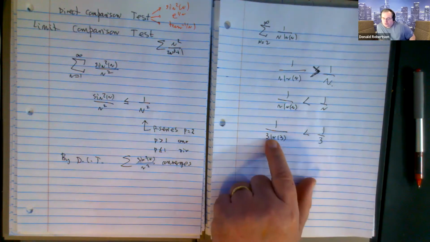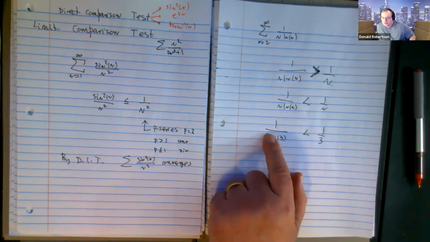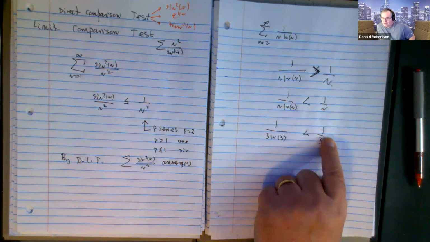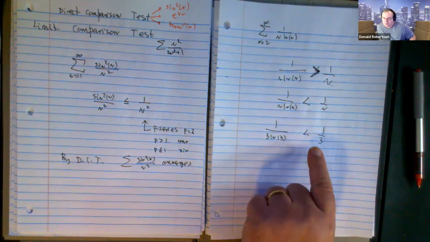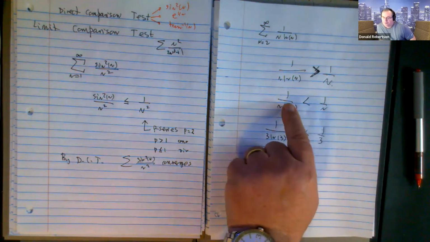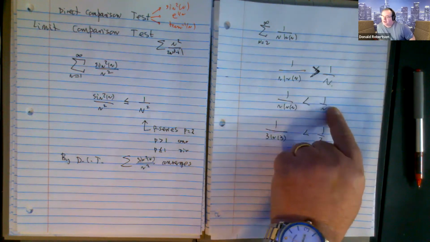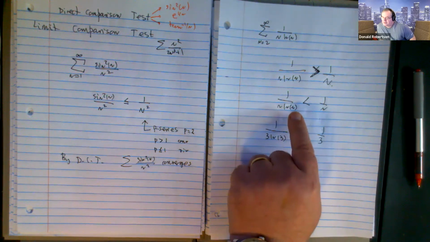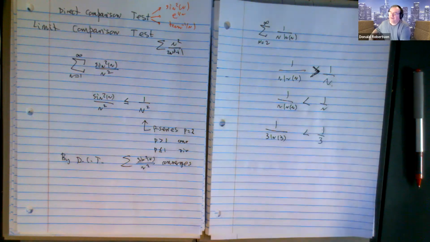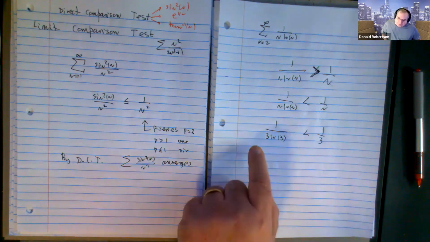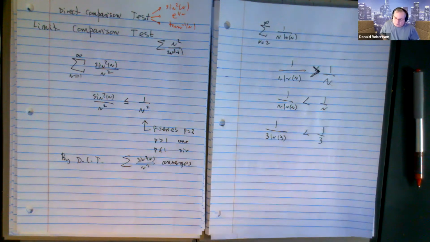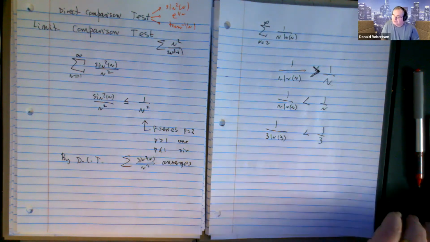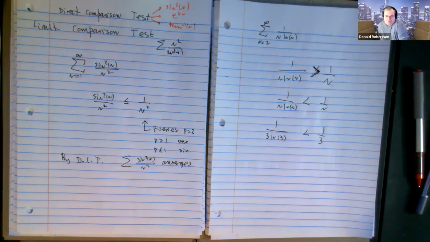No matter what number you pick, won't this guy always be smaller than that? But in a comparison test, if you want to prove that you are a diverger, don't you have to prove that this is bigger than that? Right? You have to prove you're bigger than a diverger to be divergent, right? If you're smaller than something that diverges, that doesn't prove that you converge. It doesn't prove you diverge, right? It just means, well, nothing useful, right? There's no evidence either way when you do it that way.